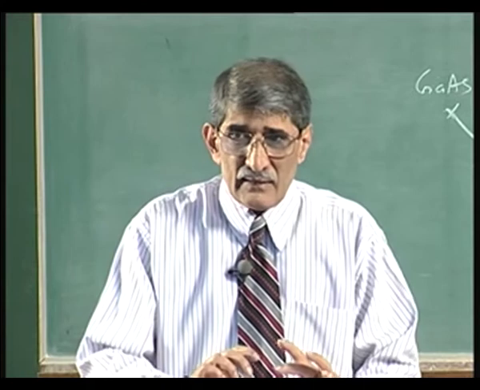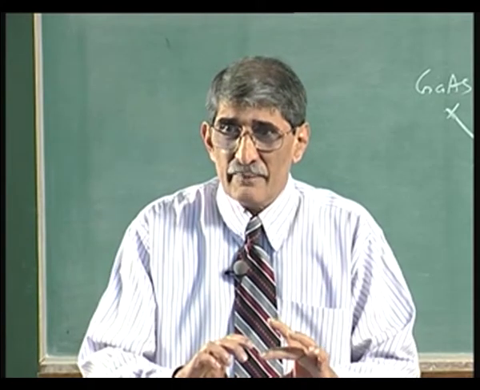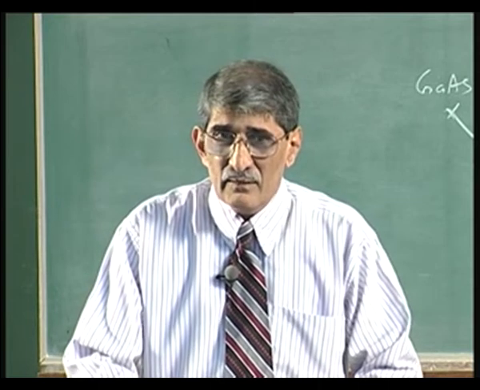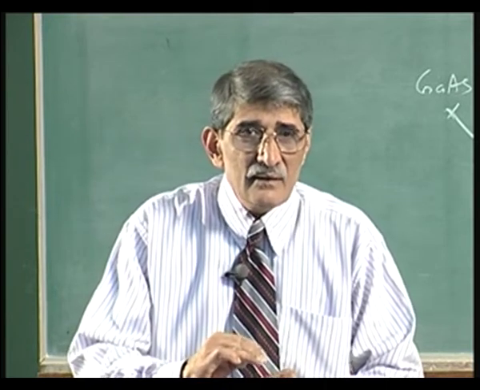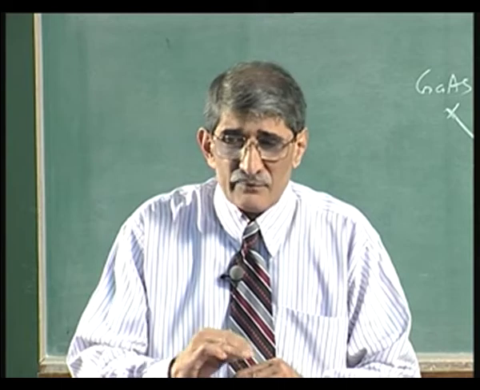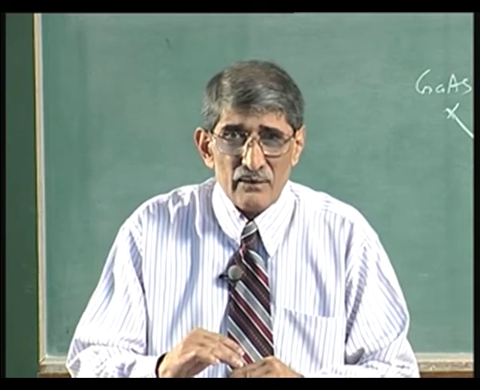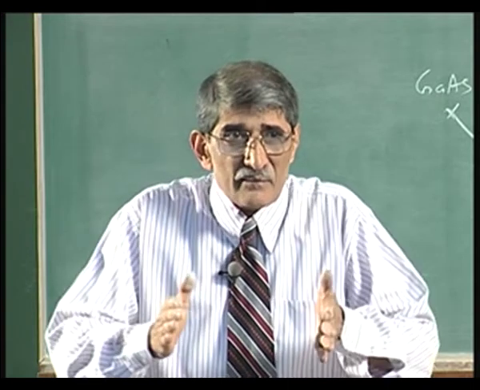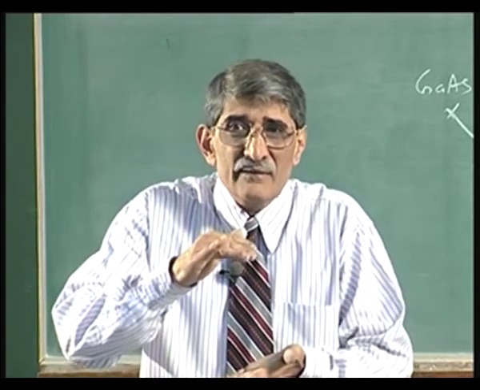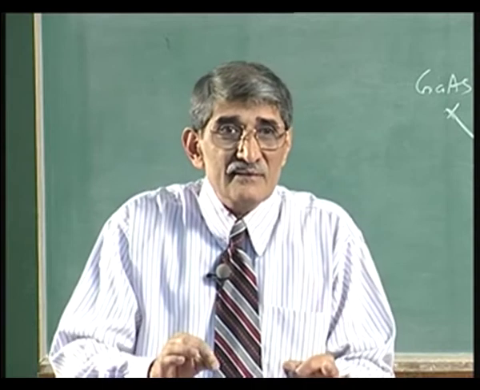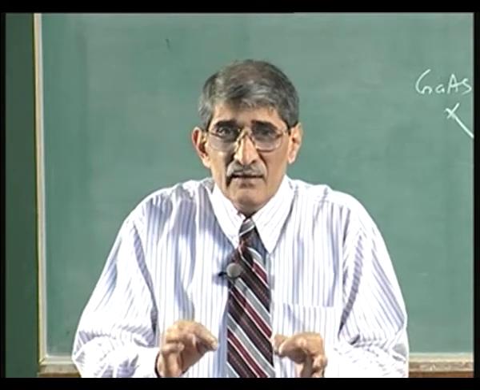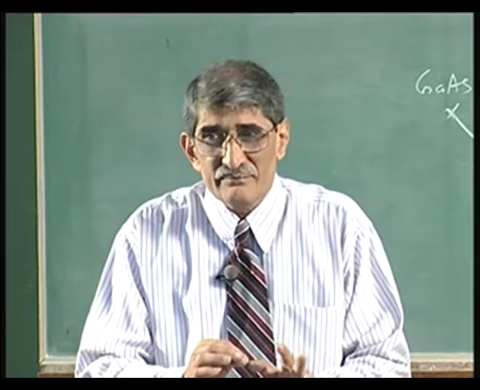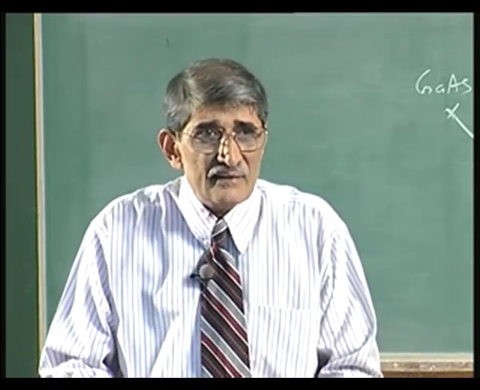You can grow a lattice matched epitaxial layer on a substrate up to a certain thickness. If you recall, if the lattice is wider, the top layer gets compressed like that and elongated that way, so that there is no defect, no misfit, no dislocation. You get a single crystal, but a strained layer. That is better than a defective layer.